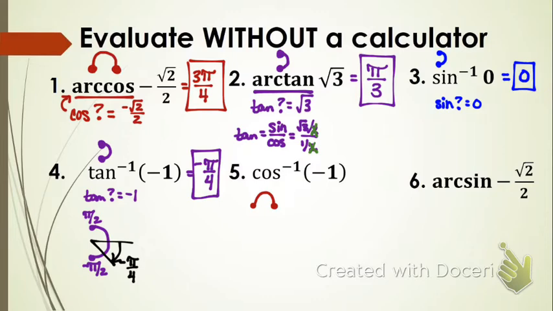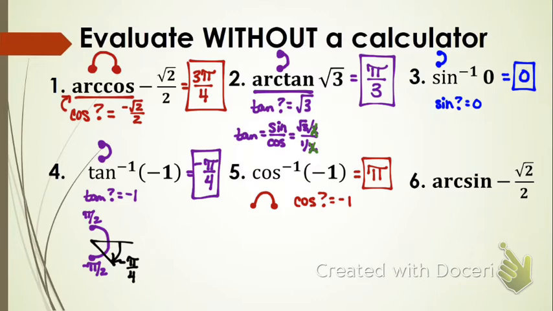Number 5. What is this? Pi. This one is pi. Because it's saying cosine of what angle has an output or a value of -1.